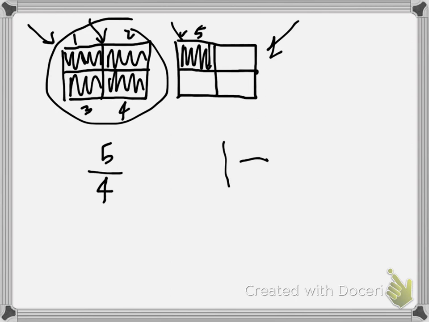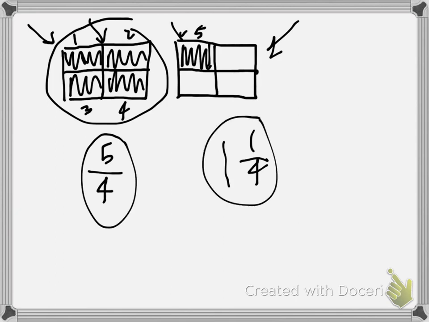Well, that second piece, I have 4 pieces that make up my entire rectangle, and then one of them is shaded. So 5/4 and 1 1/4 are equal value. Okay, we can use them kind of interchangeably.